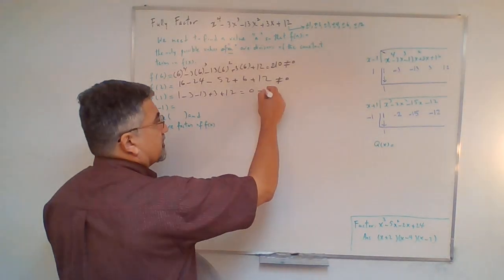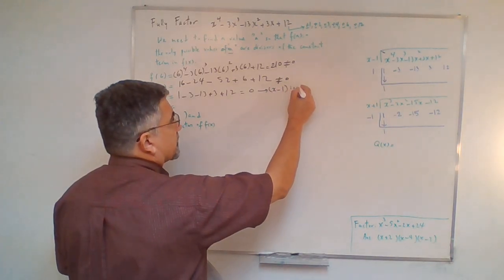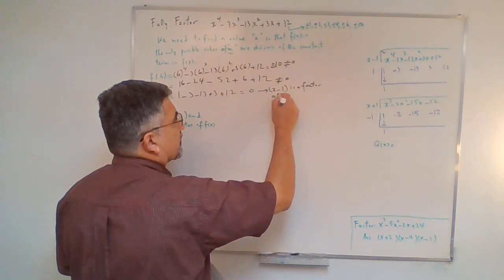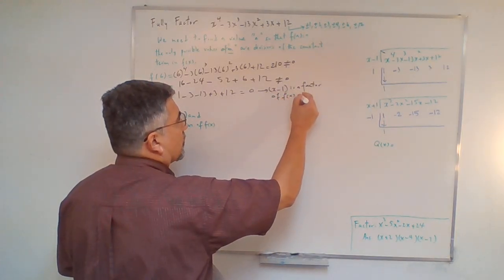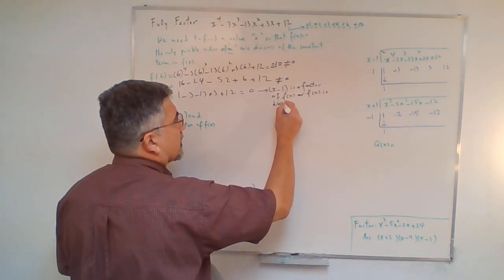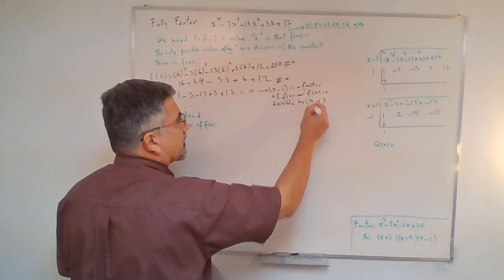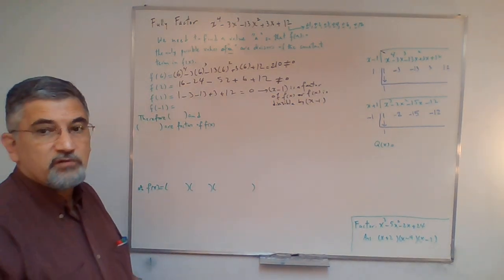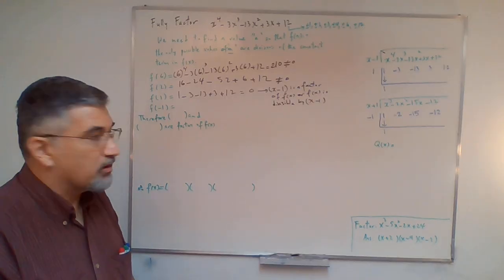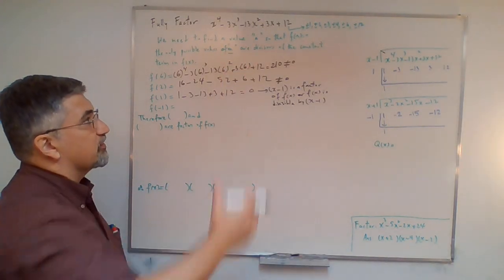You can say, therefore, x minus 1 is a factor of f of x, or f of x is divisible by x minus 1. So we found one of the factors of this quartic polynomial.